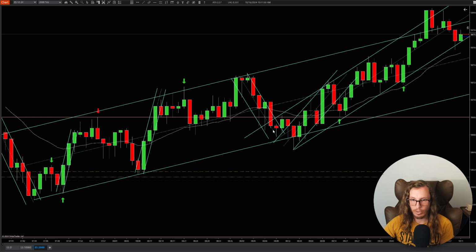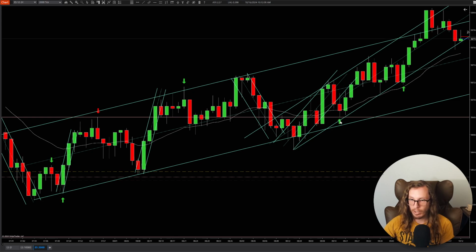You have this down channel working, close outside, new low, right off of this channel. I had to lower the channel to make it fit here because maybe the channel was a little wider. So I did. And then you end up with this short-term uptrend that closes outside here.